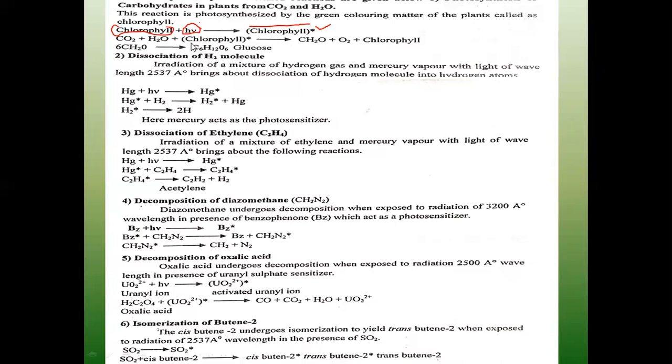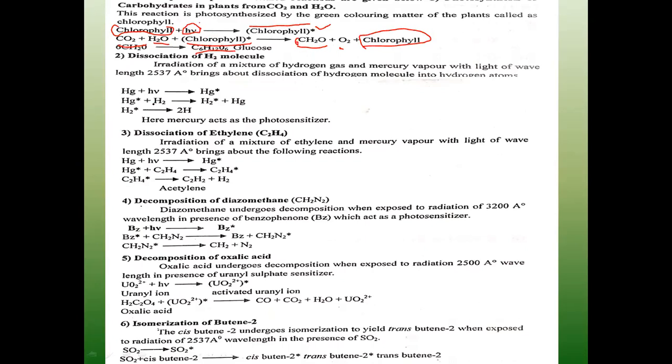Now you can see that chlorophyll transfers its energy to the other reactant molecules, CO2 and H2O, and then it produces the product, a carbohydrate, C6H12O6, that is the glucose molecule. Okay. And O2 is released, and chlorophyll again comes to the ground state after losing its energy. So this is the example of photosensitization.